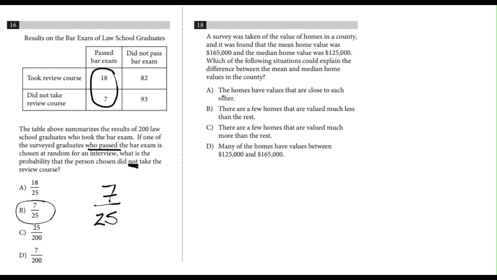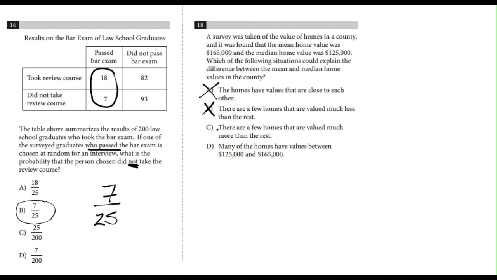And we'll read our answer choices. A, the homes have values that are close to each other. If that were true, then both of these numbers would be close. The mean and median would be close together. B, there are a few homes that are valued much less than the rest. As we discussed, since the mean is higher than the median, it's going to be the other way around. There's going to be a few homes that are valued much more than the rest.